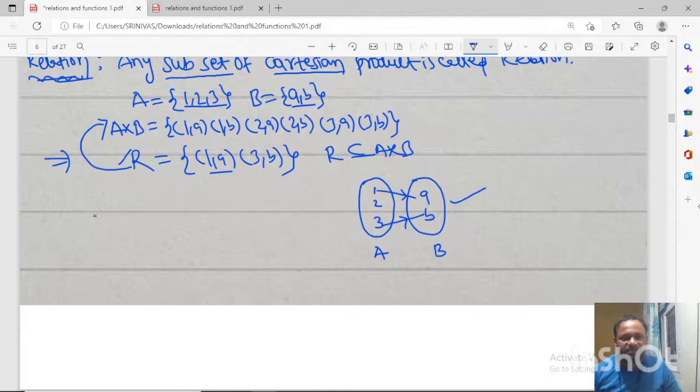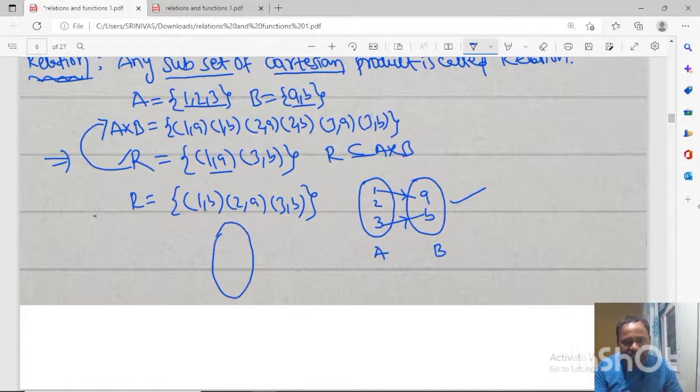See, I will take one more: 1B, 2A, 3B. I will take one more subset. This is also a relation. How can we represent the relation? A, B, and this is 1, 2, 3, A, B, 1B. This is the way. Next after that 2A, this is the way. Next 3B, this is the way. So that's why this is also a relation.